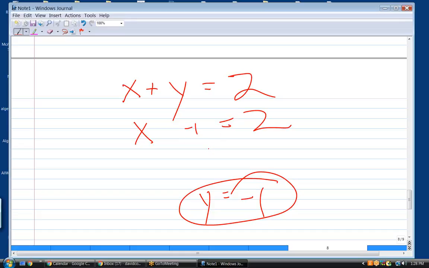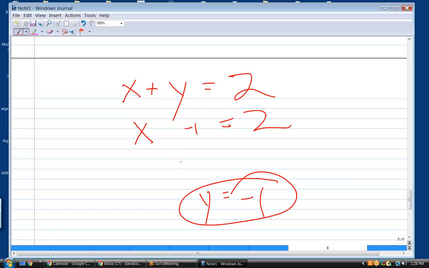Now how do I get rid of the minus 1? Divide by minus 1? No, it's subtracting. Always do the opposite. Remember that multiplication and division are the opposites, and addition and subtraction are the opposites. So if it's subtracting, you have to add. If it's multiplying, you have to divide.